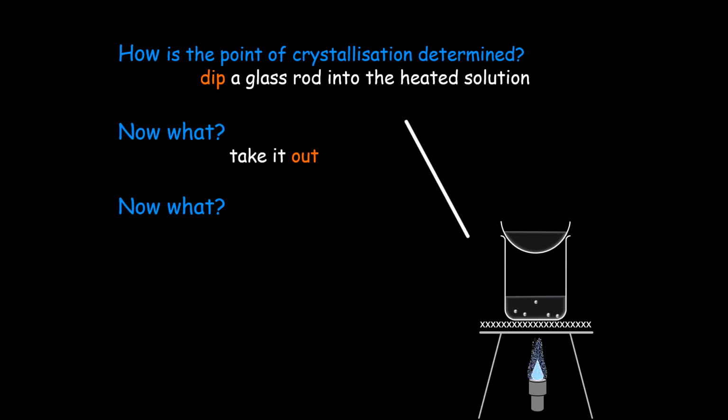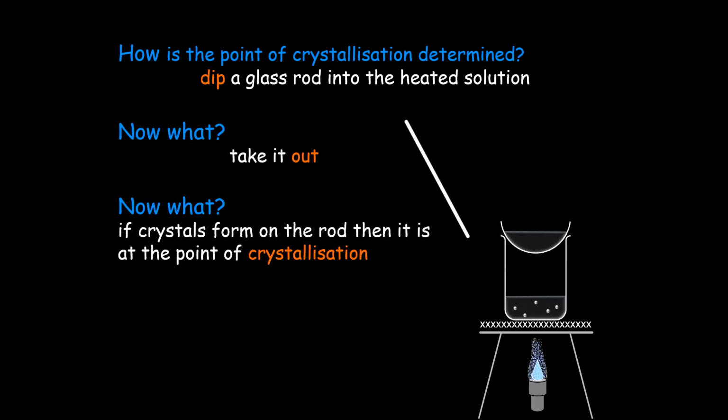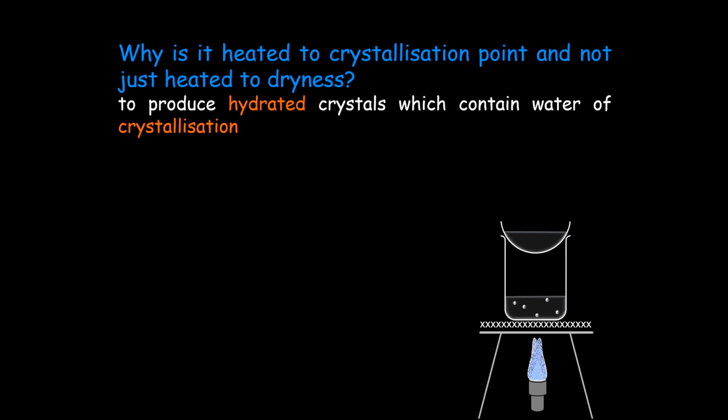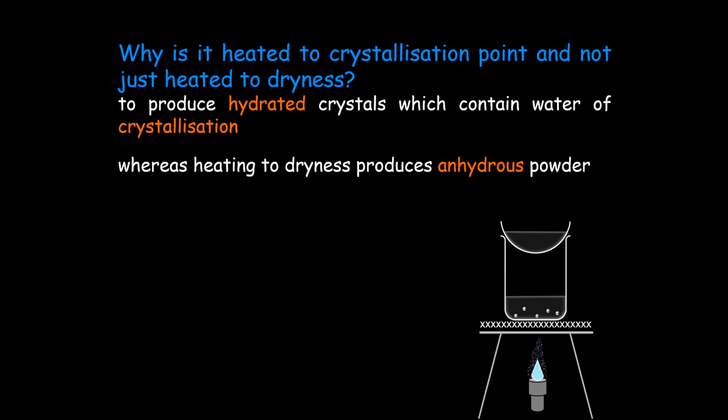Take it out, and if crystals form on the rod, then it is at the point of crystallization. This produces hydrated crystals which contain water of crystallization, whereas heating to dryness produces an anhydrous powder.